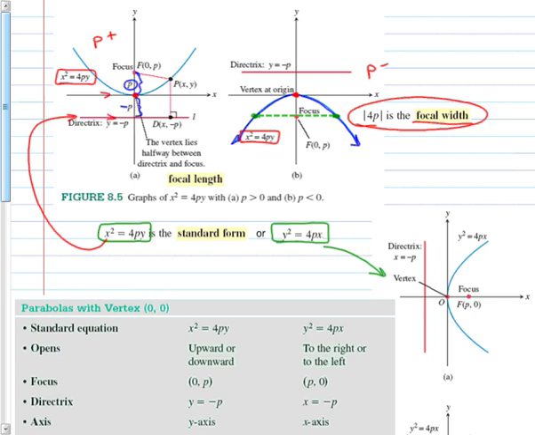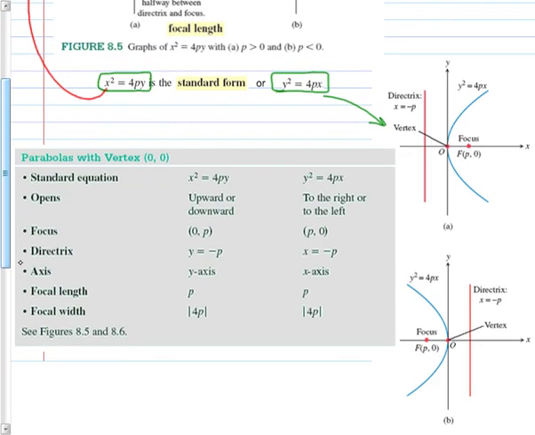And if the y is the squared term, the directrix is parallel to the y-axis. There are different ways you can set yourself up to remember which way it goes. All parabolas whose vertex is at the origin, which is where we start, fit one of these two forms. And that p-value is really the key.